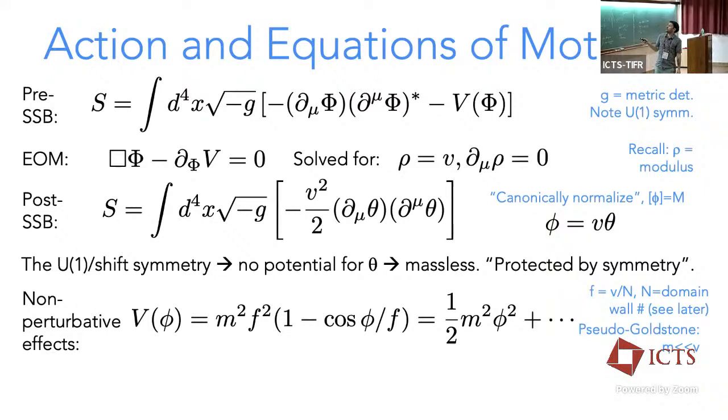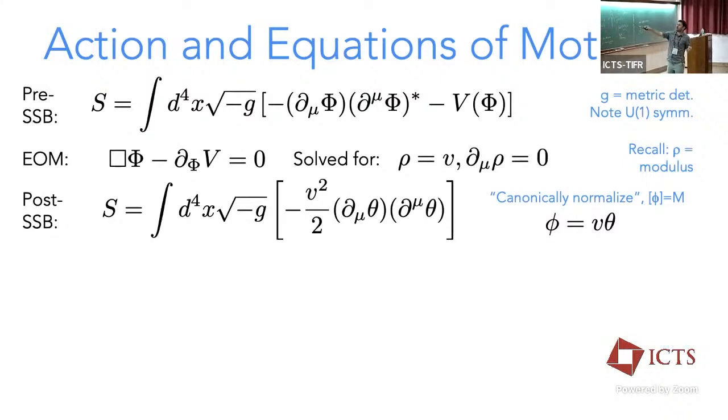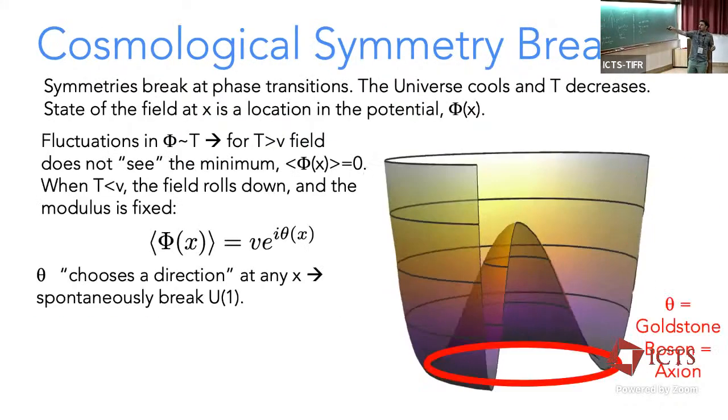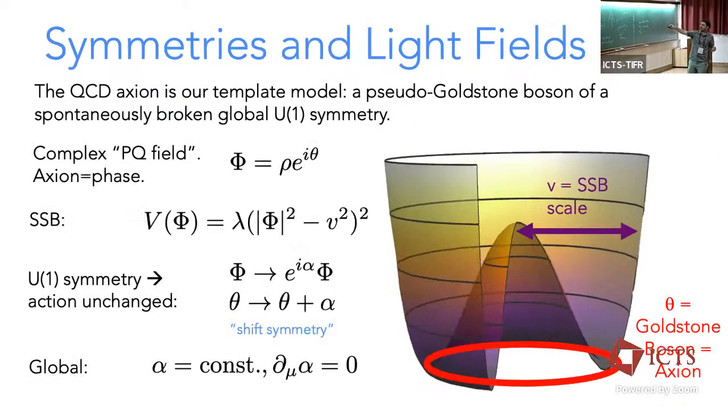Here I've just fixed d mu rho to be 0 and assumed that the radial field is massive. So rho is the radial direction. The mass of the radial mode is of order lambda v squared.